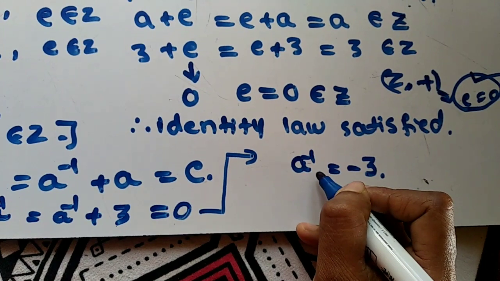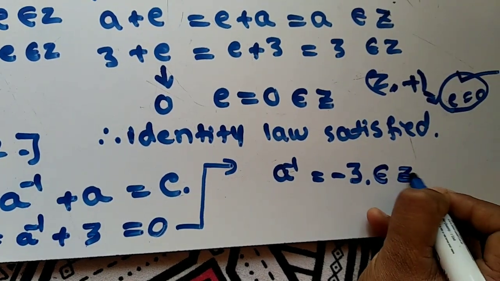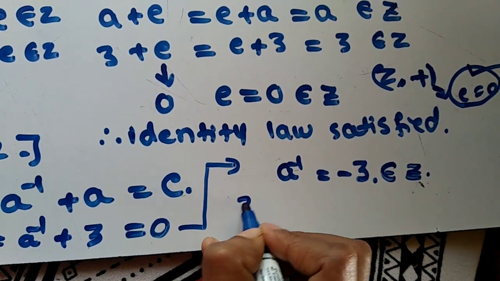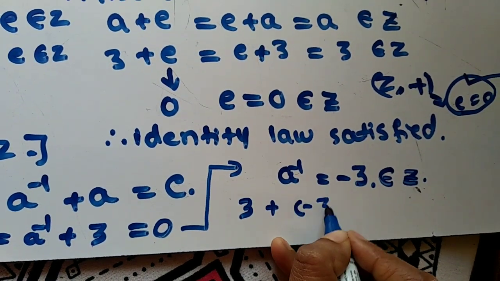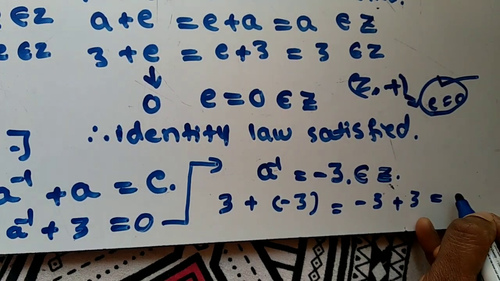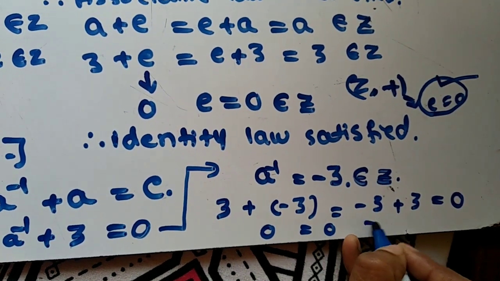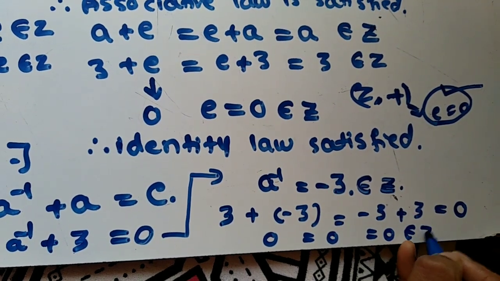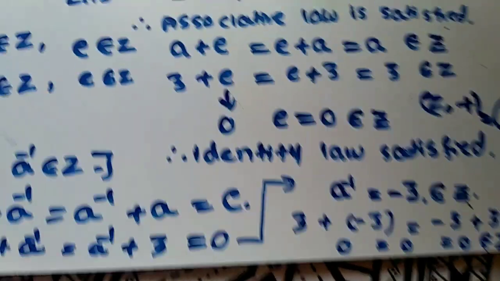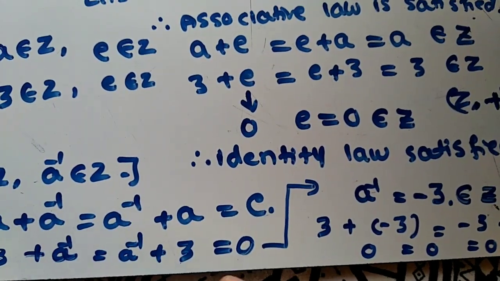Therefore here your A inverse is minus 3. So does this minus 3 also belong to Z or not? Yes, of course. 3 plus minus 3 or minus 3 plus 3 is equal to the identity element, which is 0, and 0 also belongs to Z. So here all four laws are satisfied. Yes or no? Yes, of course.